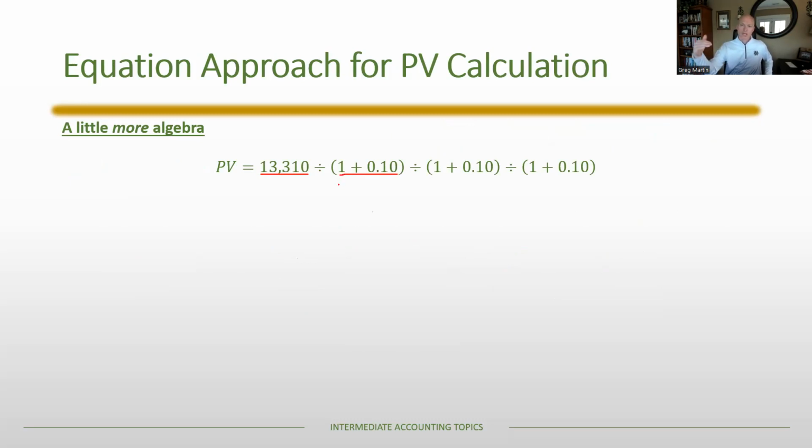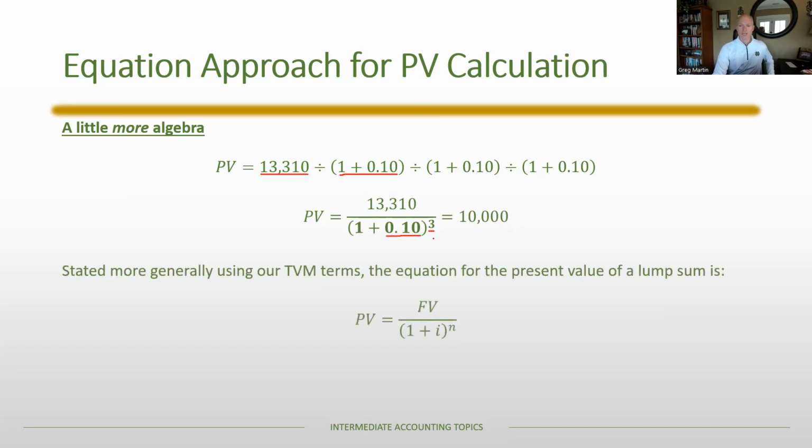That's how you discount backwards, and we do that 3 times in this problem. The numerator, the 13,310, is the basis. We're discounting it 3 times by 10%. You can see the equation forming: you have the interest rate and the number of periods, and that gets us our 10,000.